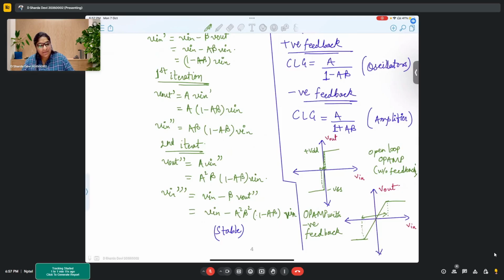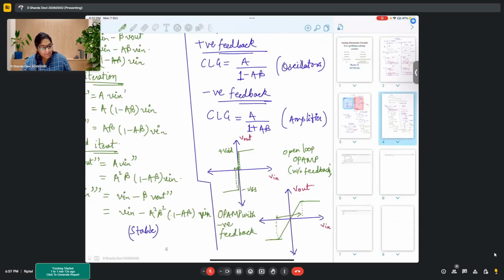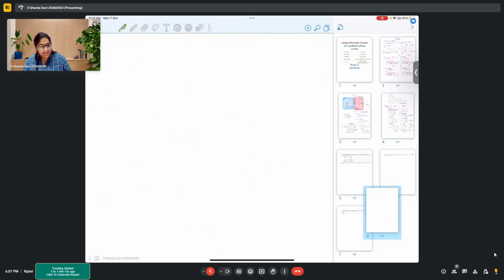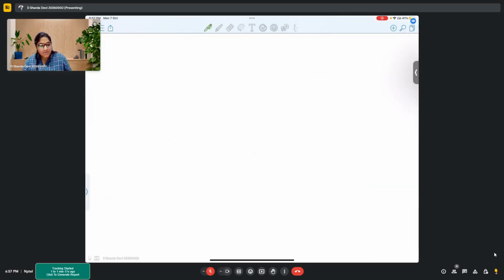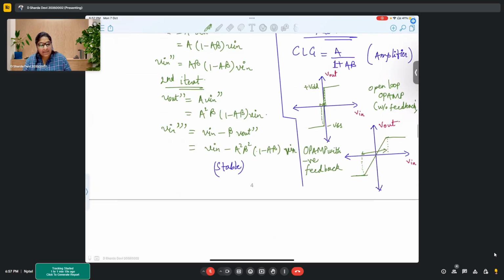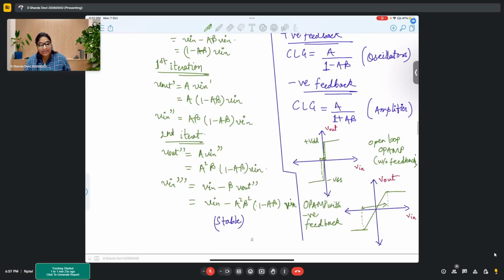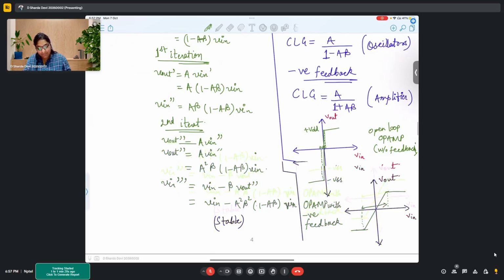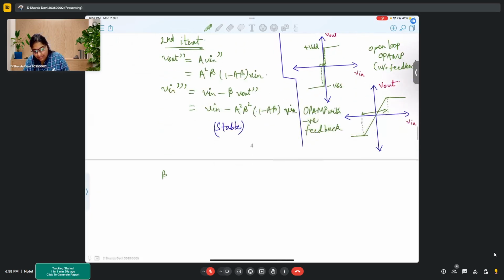If we solve based on values, we can get an even clearer picture of what the range of inputs is, and depending on that, what value we want for our transfer function as well as the beta. So let's say my beta is 1 in both the cases.